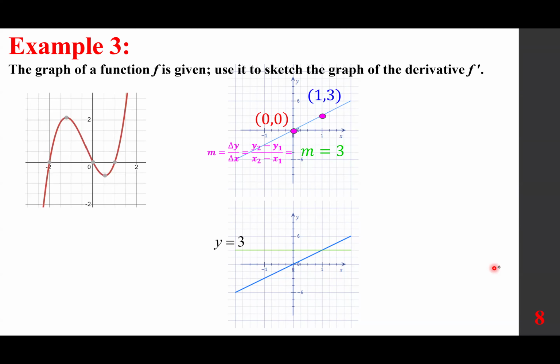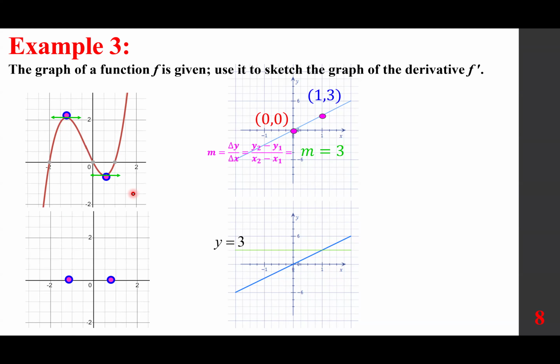What about this case? Let's go with the easy points, peaks and valley. There is one of each. And those two correspond to x-intercepts. In between, the function is decreasing. That means from here to here, it has to be below the x-axis, and it has to come back up.